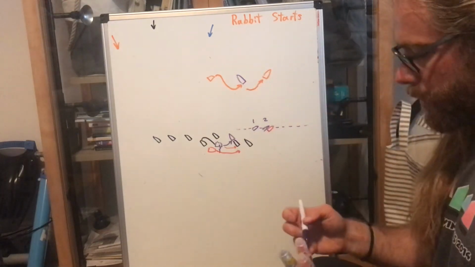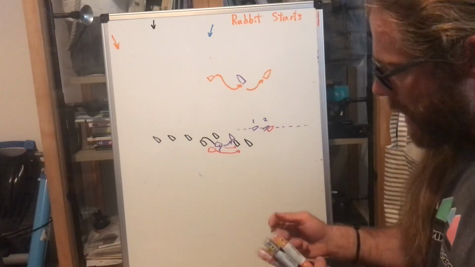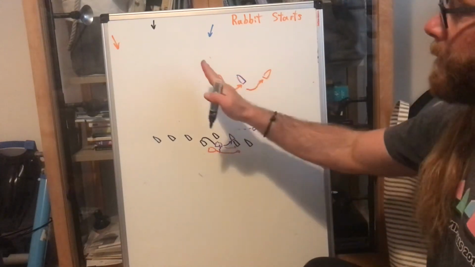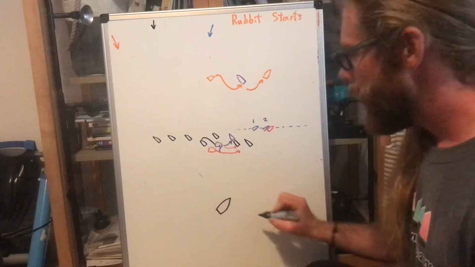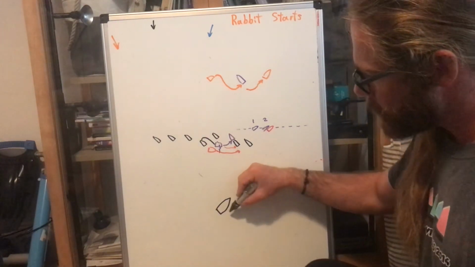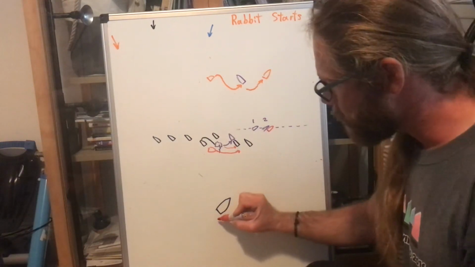So you not only want to think of your speed, but you also want to consider, maybe I'll draw this, so this is port boats ducking a starboard boat, but if this is a rabbit here, as you approach the rabbit, you want to consider the angle that you're ducking the rabbit.